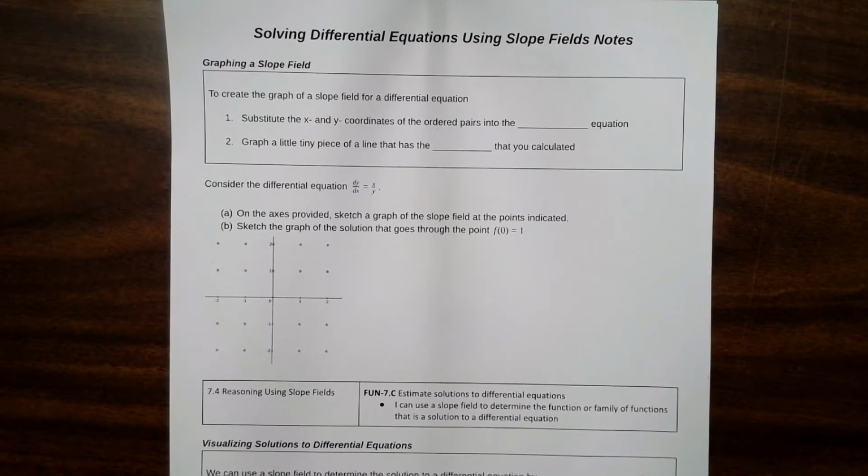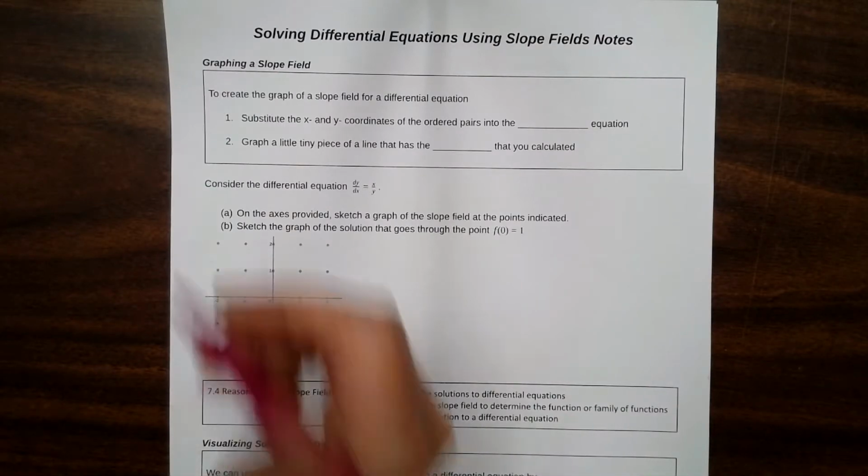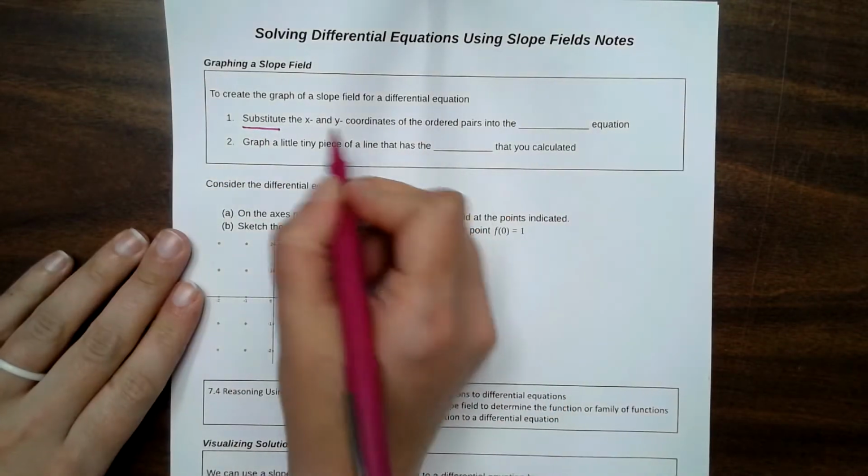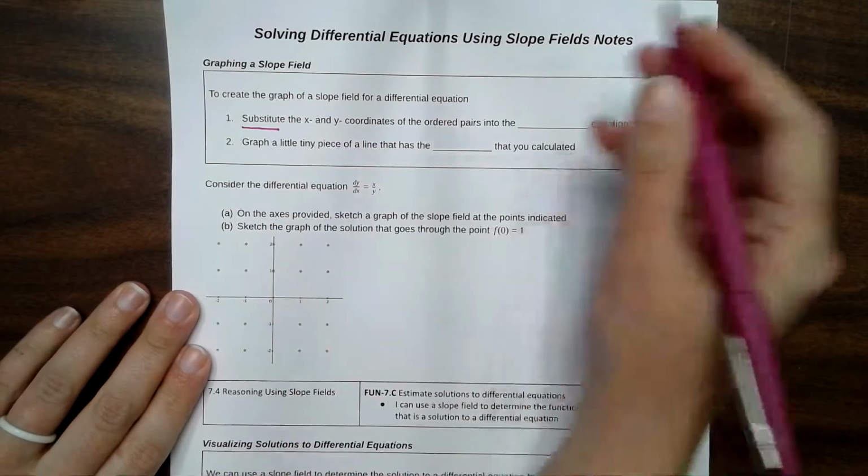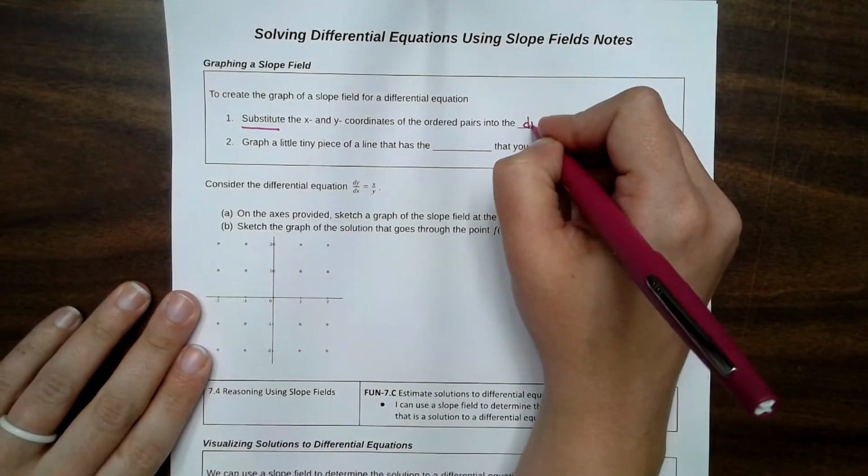So the first thing we're going to need to learn how to do is to create the graph of a slope field. In order to do this, you're going to do two different things. First, you're going to substitute, which means plug in, the x and y coordinates of the ordered pairs into the differential equation.